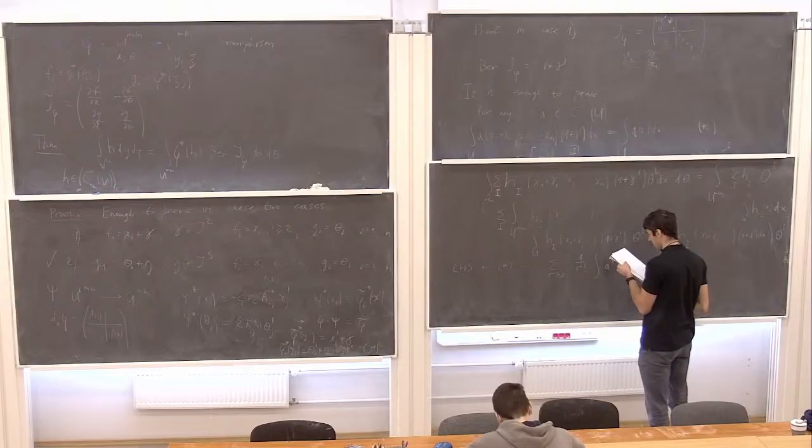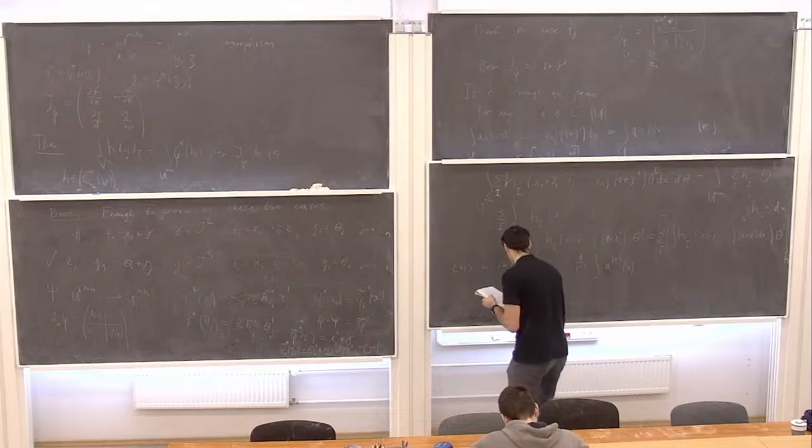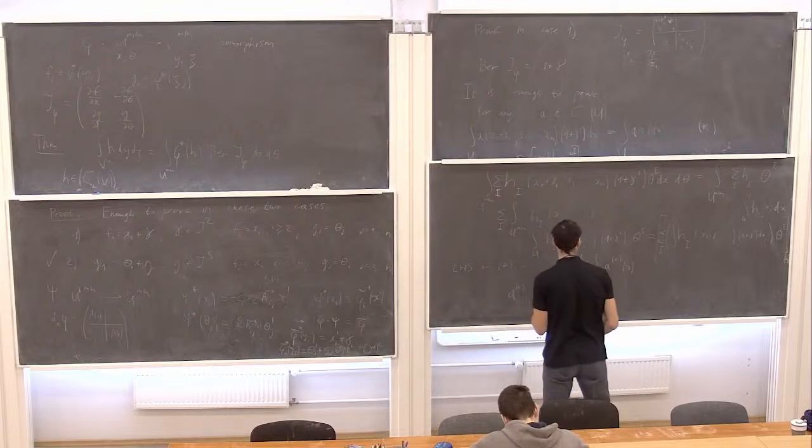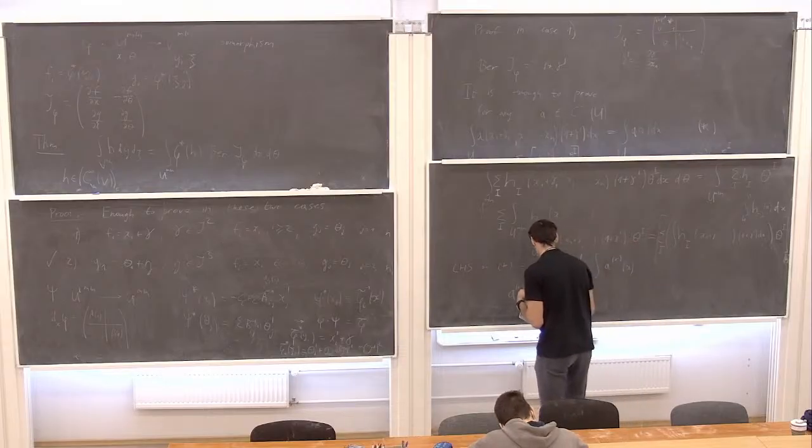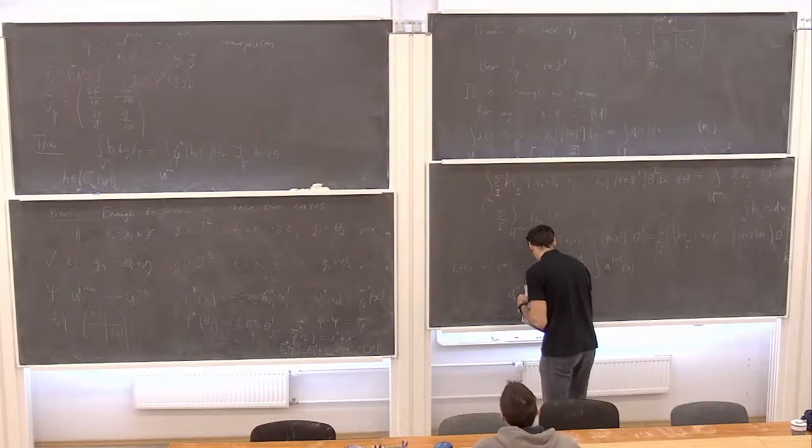So what I'm saying is that A_r is just d^r A over dx1 to the power r.